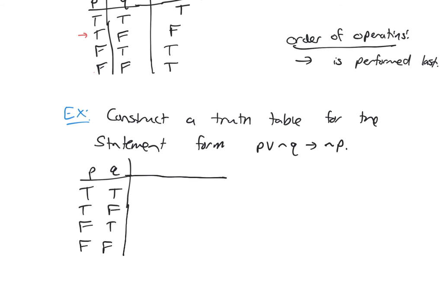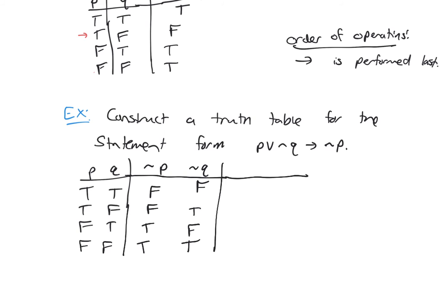So now let's start to build this statement form. So I notice I'm going to need not P. I'm also going to need not Q. So let's go ahead and make those 2 columns. We flip our P column. We flip our Q column. Now let's go ahead and make our hypothesis.